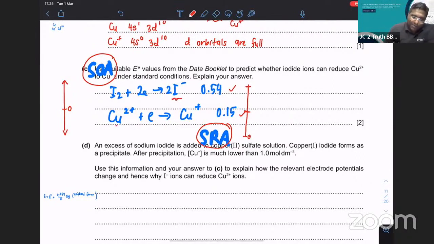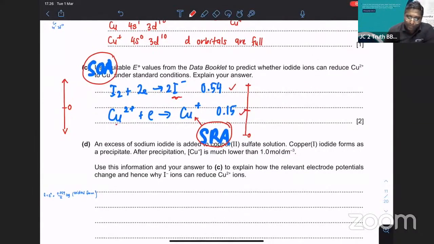You see, I- is not a strong reducing agent, because I know Cu+ is a stronger reducing agent than I-. It is Cu+ that is able to reduce I2. So, predict whether iodide ions can reduce Cu2+ to Cu+.